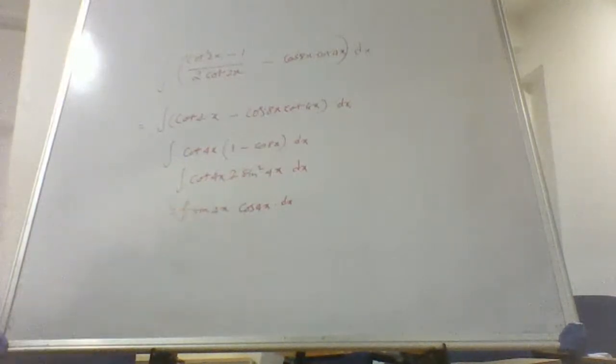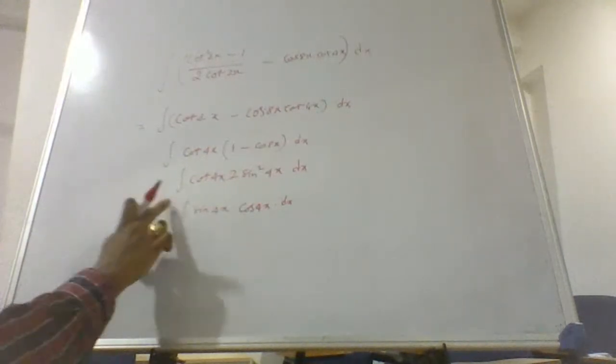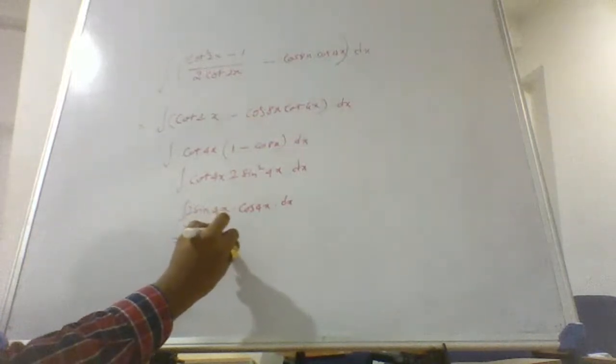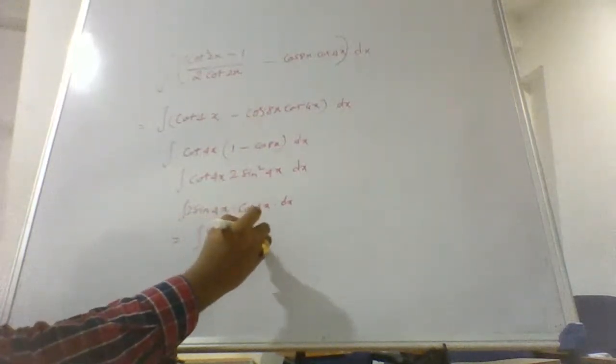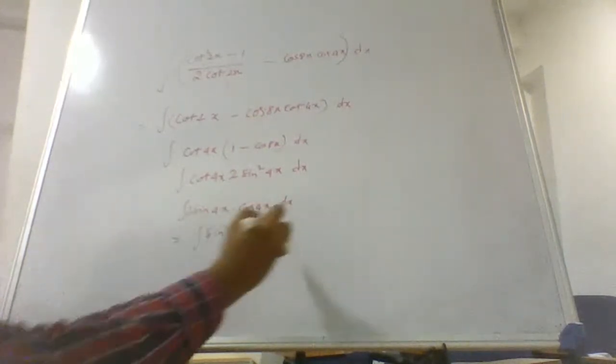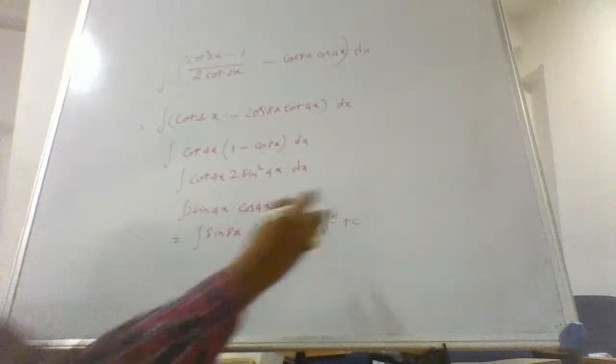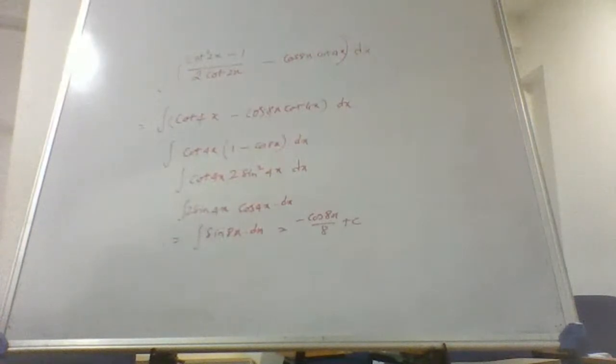Now again I can write 2 times sine 4x cos 4x as sine of 8x dx, which is minus cos 8x by 8 plus c. So that will be the solution for the problem.